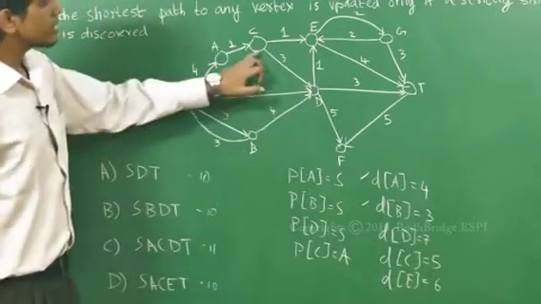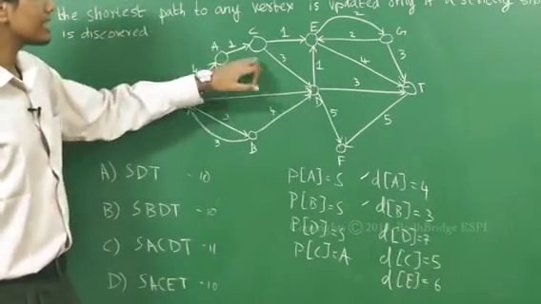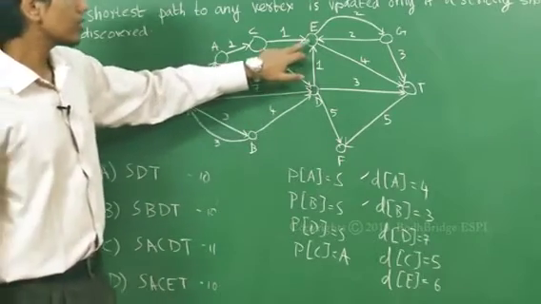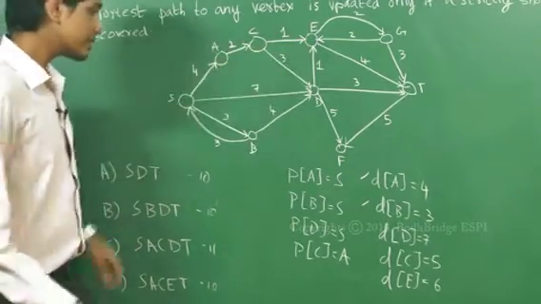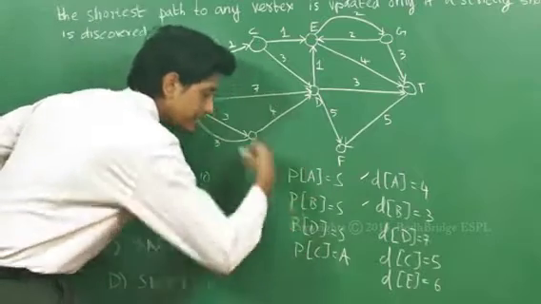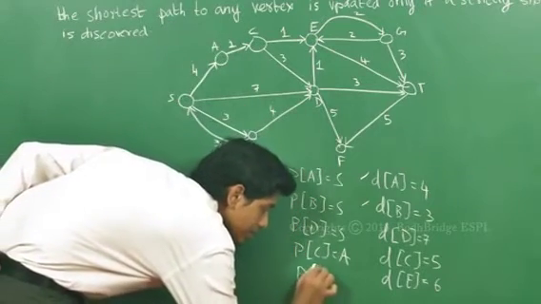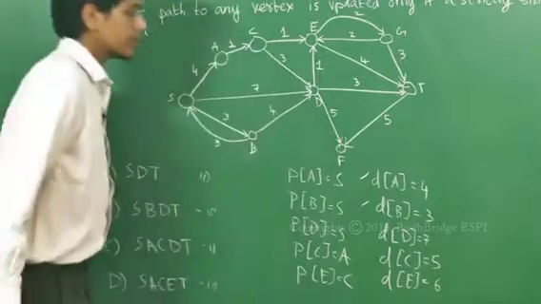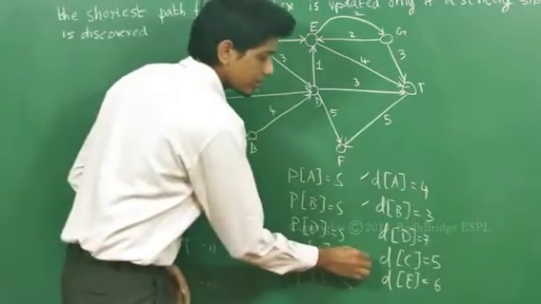And distance to D is 4 plus 1, 5 plus 3, 8, which is greater than 7, so you don't update it. So you update E's predecessor. So predecessor of E is C.